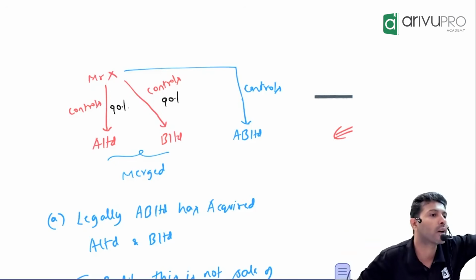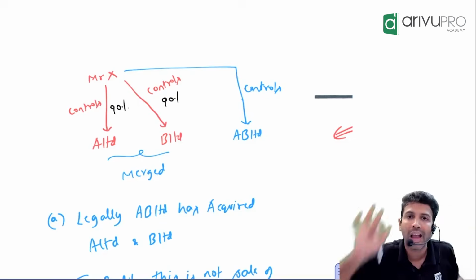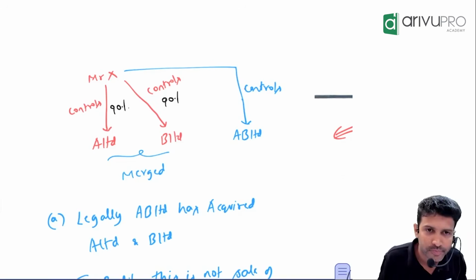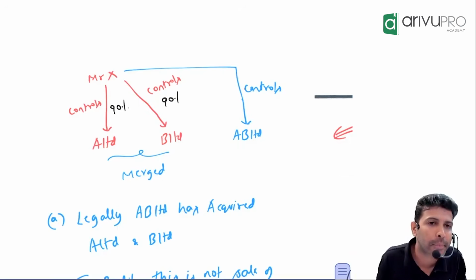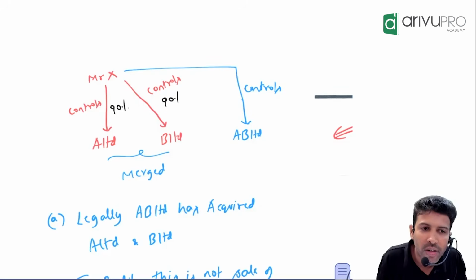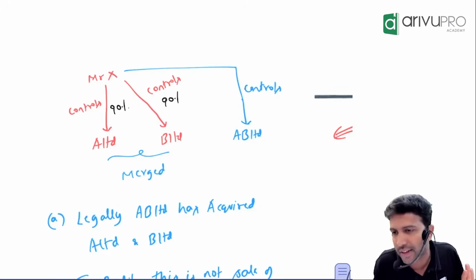Now, everything else will be taken over at the exact same value as it is appearing in the selling company's balance sheet. This is important, throw it back at me. What did we understand? Under the merger method, is it really a business purchase or reshuffling? Reshuffling.